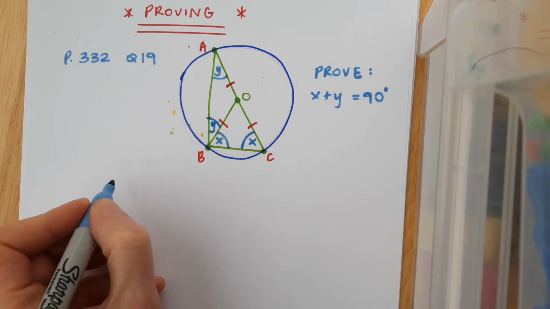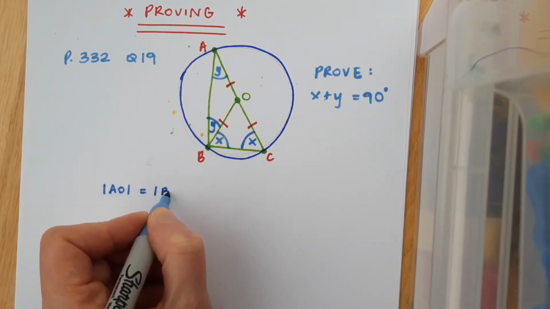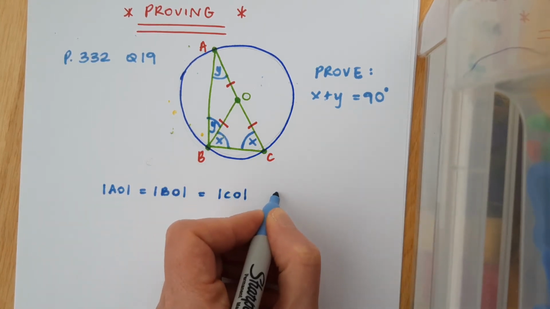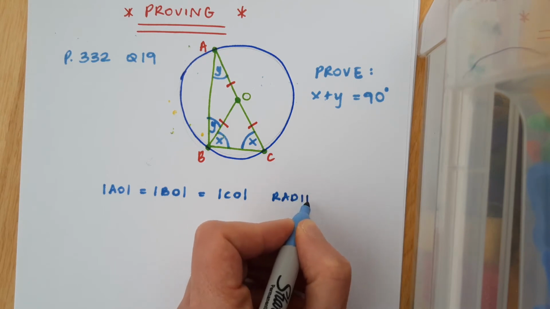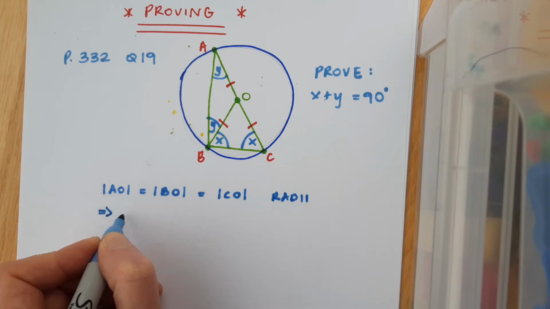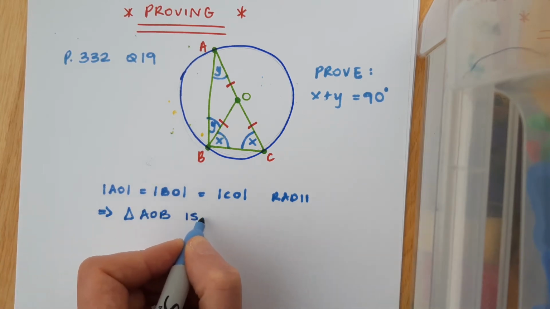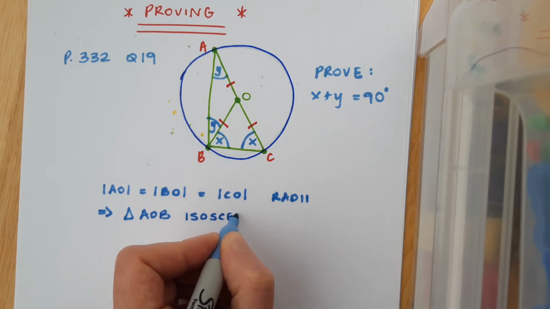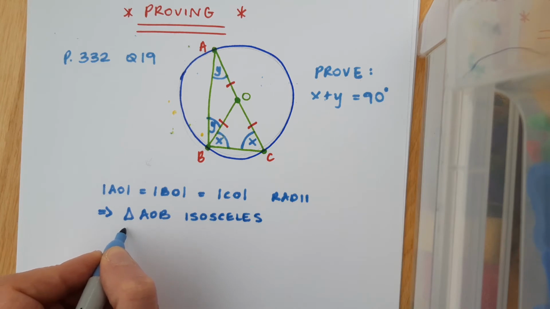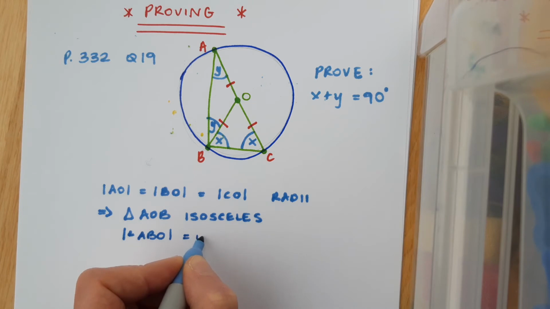So what did I say? I said that AO was equal to BO was equal to CO, and that's because they are radii. And that tells me that the triangle AOB is isosceles, which tells me that the angle ABO must be equal to y.